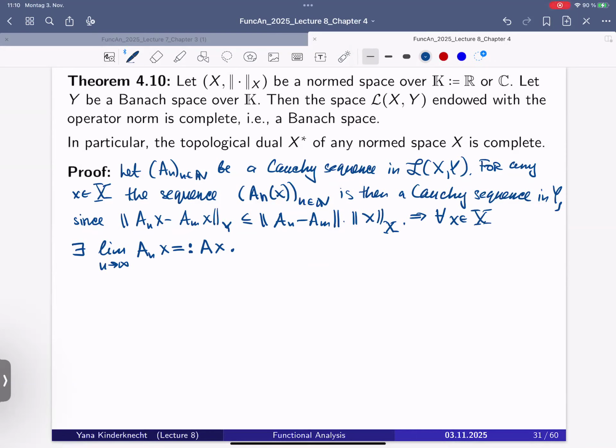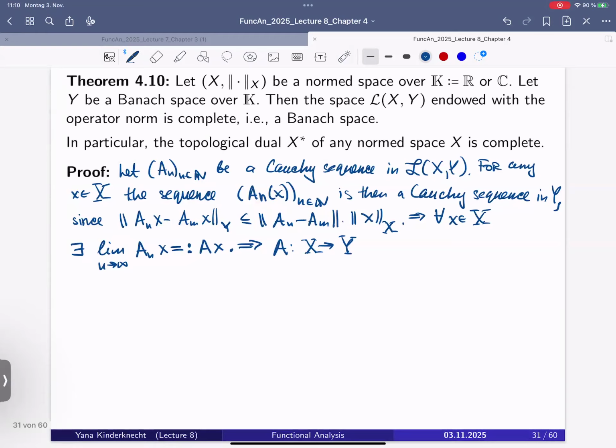This is just the notation for the limit, but hence we have a mapping A from X to Y. This mapping is defined on the whole X because of this, and it is linear by properties of limits.